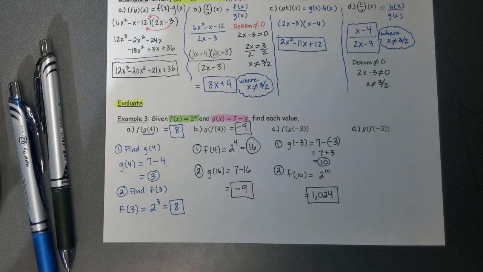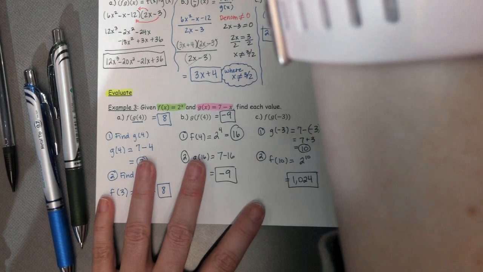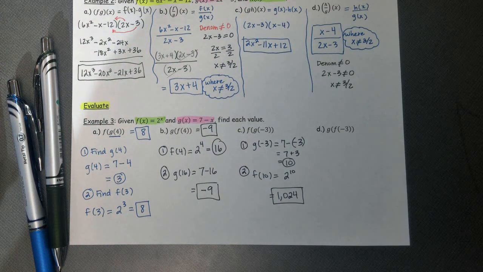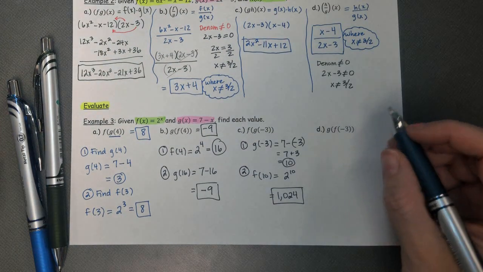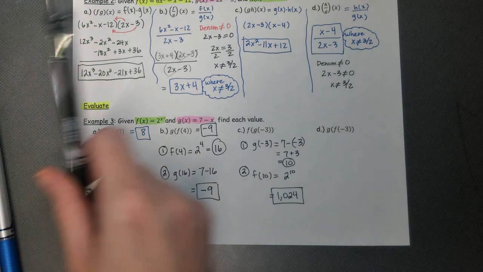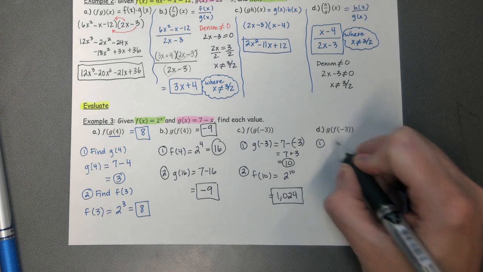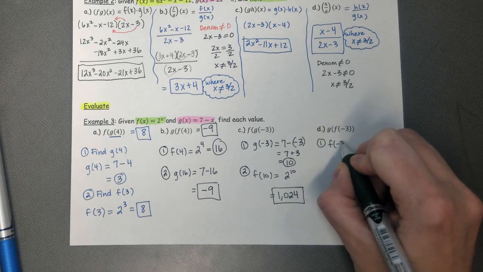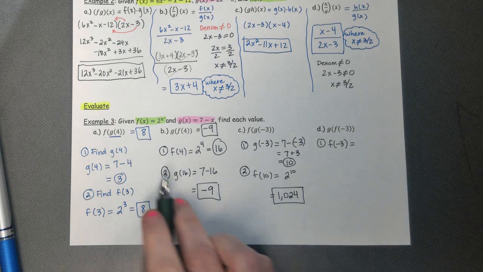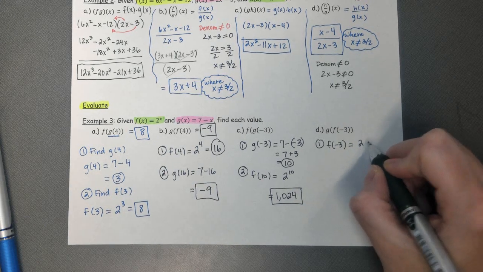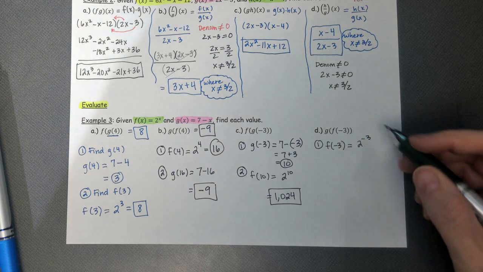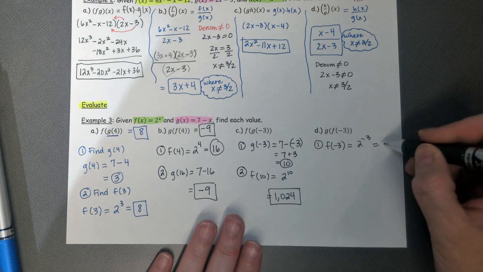Now D, I want to review with you a certain property from Algebra 1, which is why I want to do this one together. So when you plug in negative 3, and that's your exponent, 2 to the negative 3rd, do you guys remember a property to make this into a positive fraction?